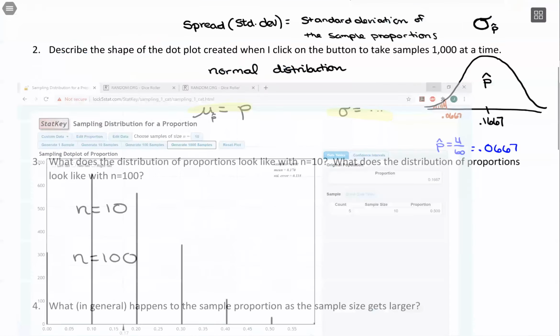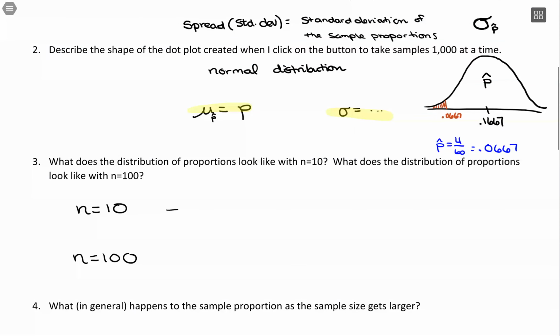So our data is skewed. Something that we talked about is that we want the normal distribution. We want something that's bell-shaped so that we can use all the tools that we have to calculate probabilities. If it's skewed, we can't do that. So that is not good.